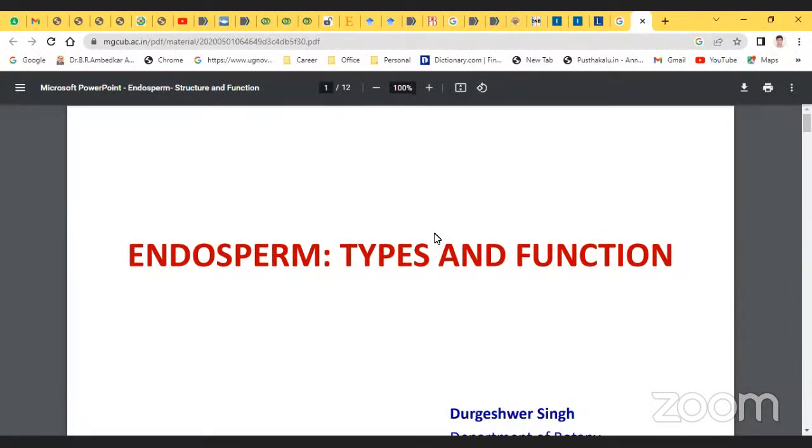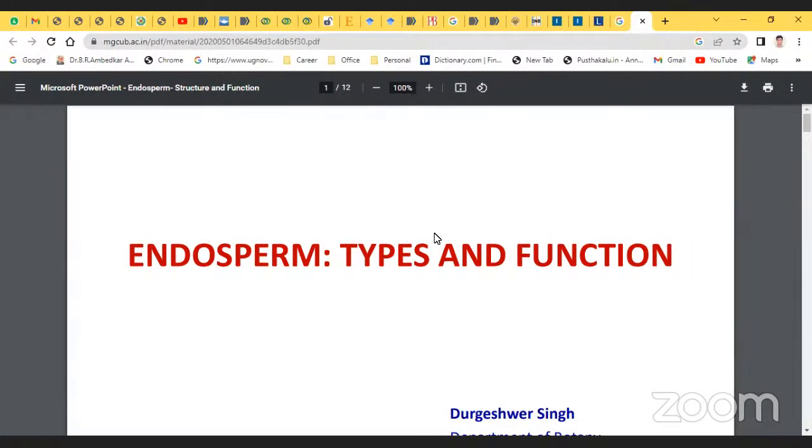It is the nutritive tissue for the development of the embryo. So here it is phanerogams.